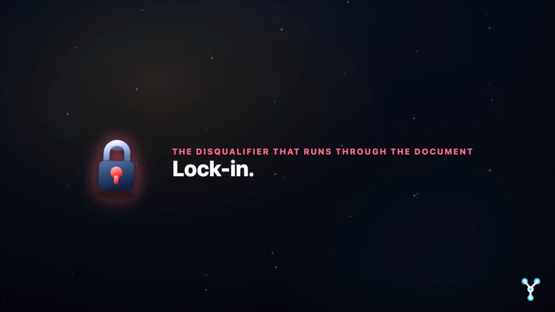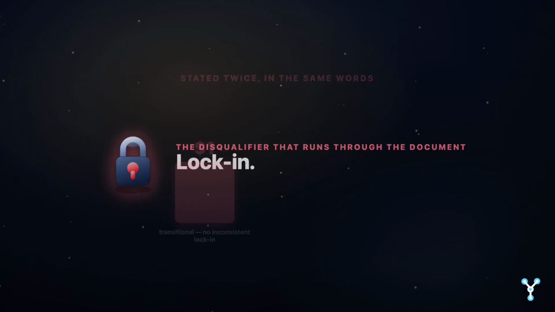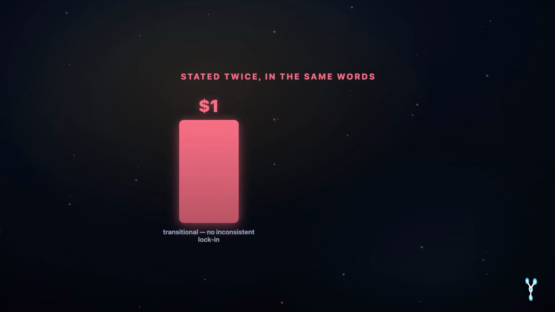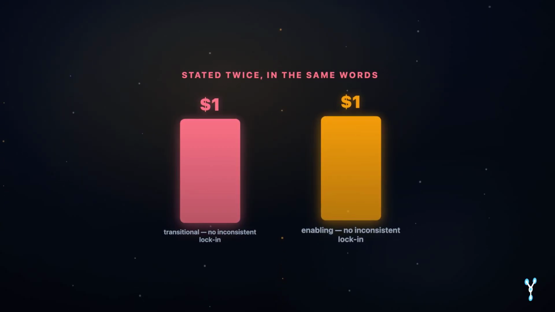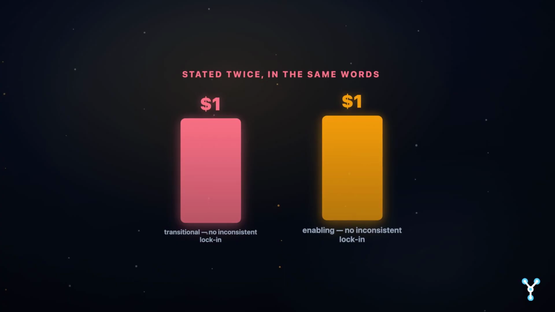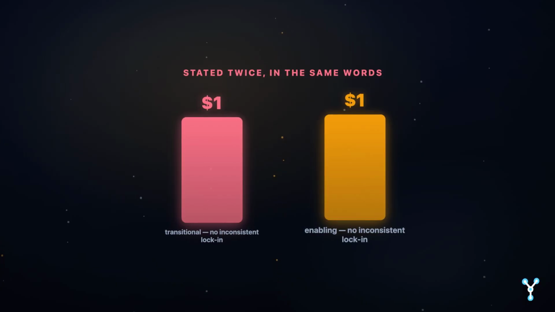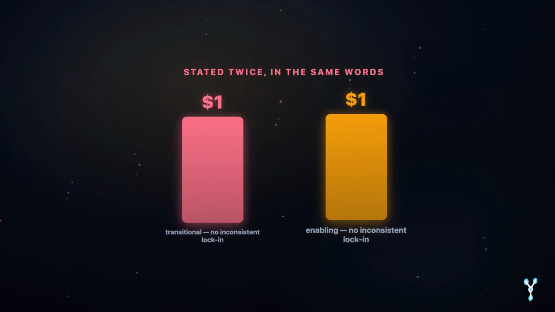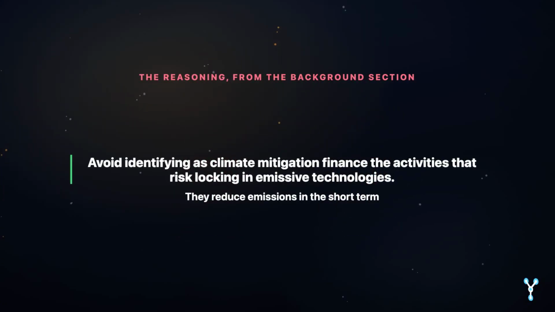Which brings us to lock-in, the disqualifier that runs through the whole document. It appears in the eligibility principles for transitional activities and again for enabling activities, in the same words. Do not lead to a lock-in of emission-intensive assets that is inconsistent with the long-term goal of net zero emissions. The background section makes the reasoning plain.